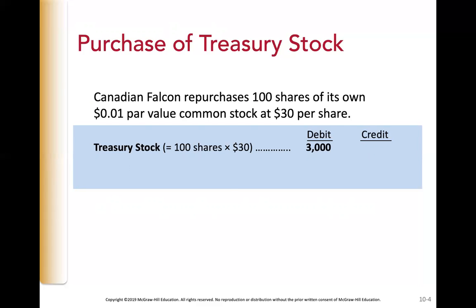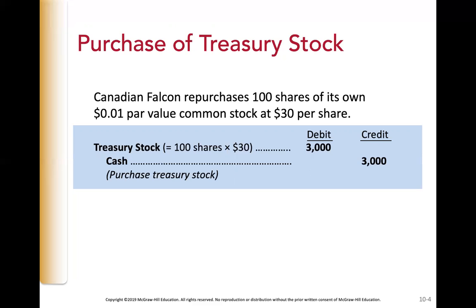So treasury stock is a contra equity account, which means it has that normal balance side of a debit. By debiting treasury stock for the 100 shares times the $30, we're decreasing our equity account by $3,000.